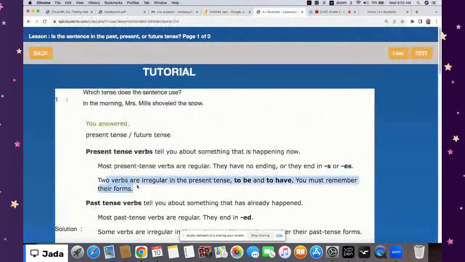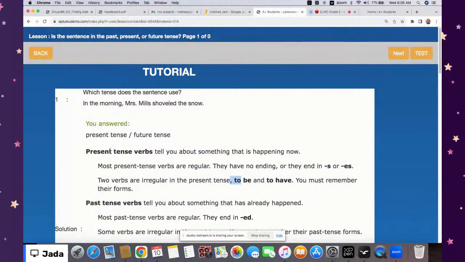Verbs that are irregular in the present tense are to be and to have. You must remember their forms. So we only have two verbs which are irregular in present tense, which are to be and to have, and you would have to remember their forms.